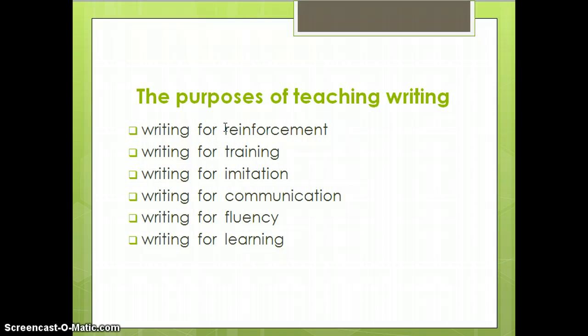The second category is writing for training. At this level, students deal with patterns that are longer than the sentence. They are asked to write paragraphs out of sentence transformation or sentence combining. It also leads to the same idea of accuracy.